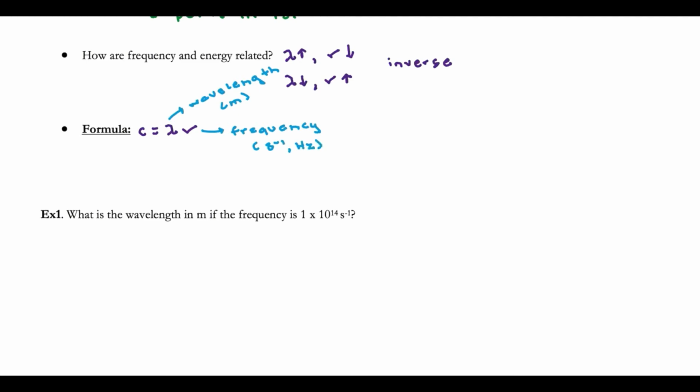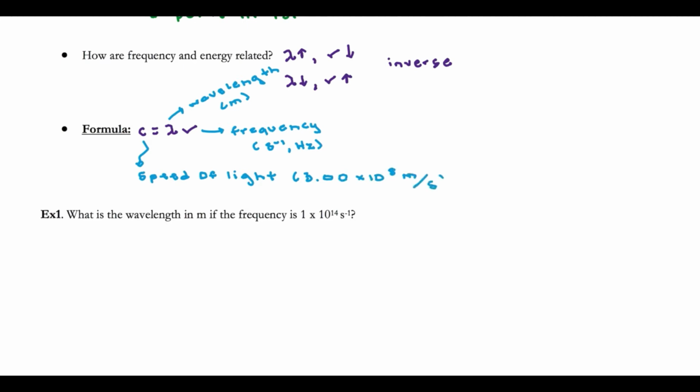And my last variable here is c, which is my speed of light, and that is 3.00 times 10 to the 8th meters per second.